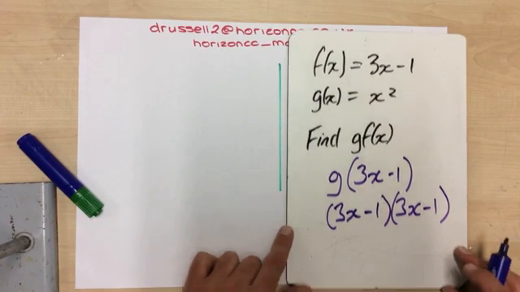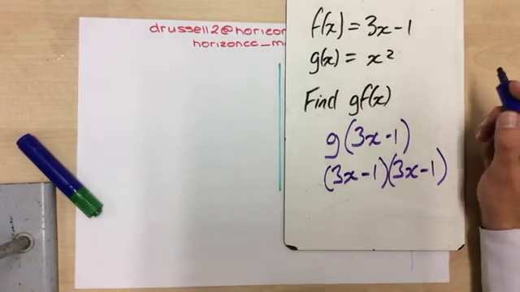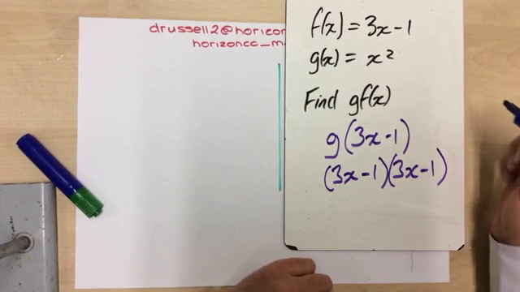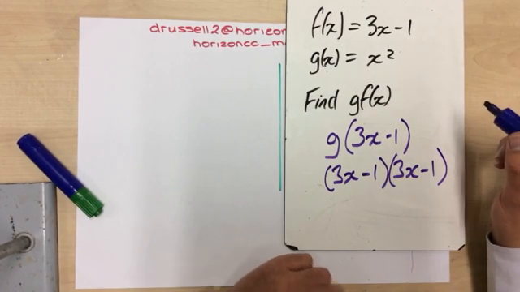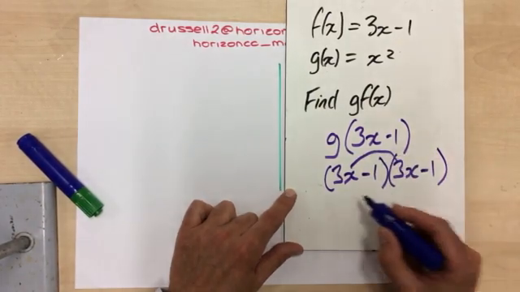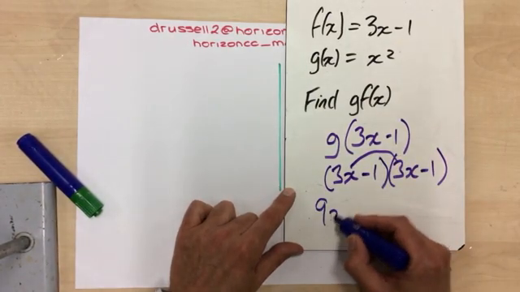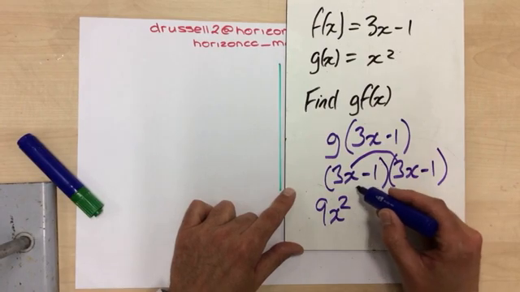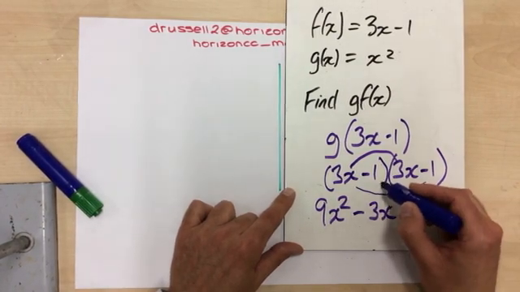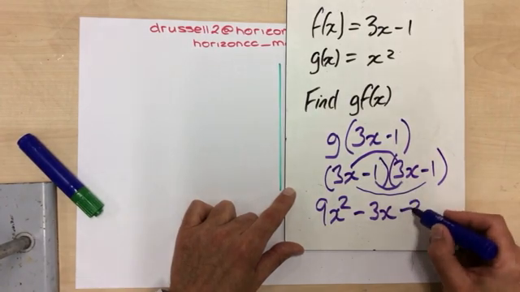This is where we've got different options. If it's me, you'll be foiling. We might have a bit of moon and stars going on. I'm going to go FOIL just so I don't do it wrong. So 3x times 3x gives me 9x squared. The outside term gives me minus 3x. The inside term is minus 3x.